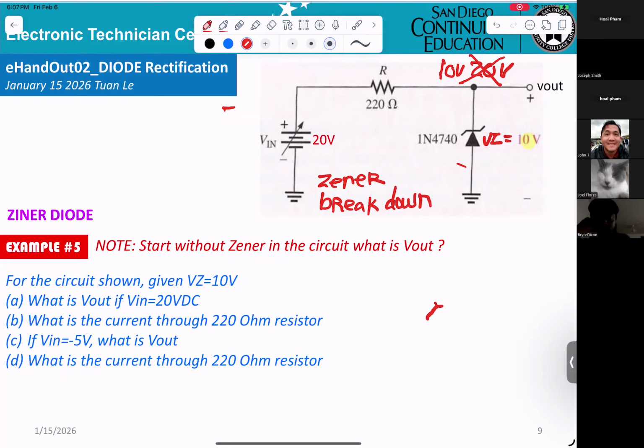Okay. Now, number 1. A. What is V out if V in equal 20 volt?